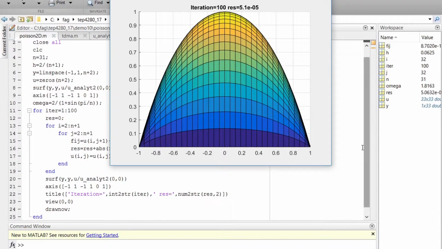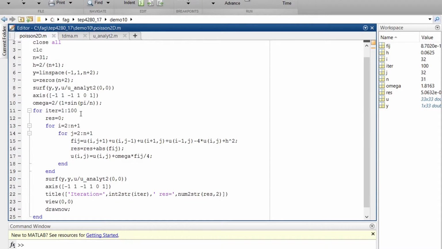For a given problem, how many iterations do you need? Well, as a rule of thumb, I would say in 1D or 2D, it really doesn't matter. If you have here 31 unknowns, you have to at least give it the possibility to sweep the information in one direction and back again.